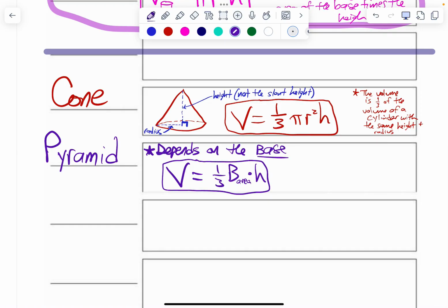So try drawing some triangular pyramid. So a triangular base, something like that. Can you redraw that real quick so I can see? Okay, so draw some triangle like that.